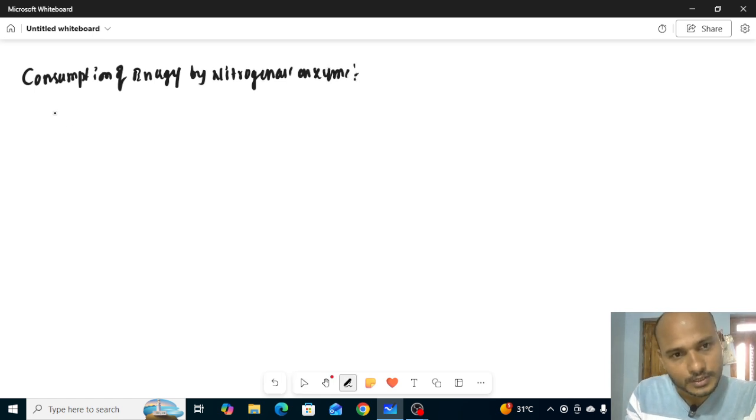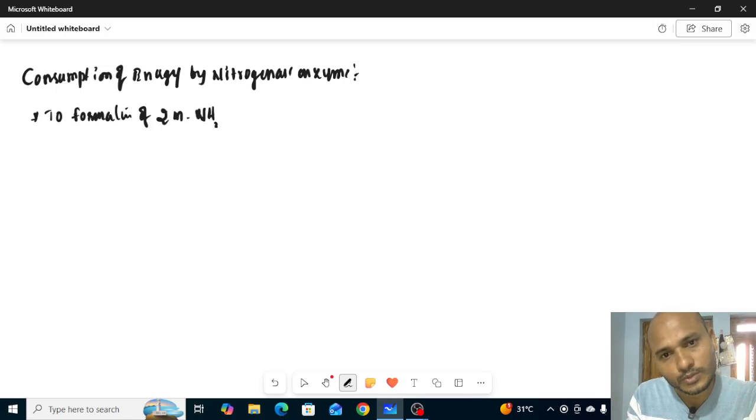Here, to formation of two molecules of ammonium, 16 ATPs are required.